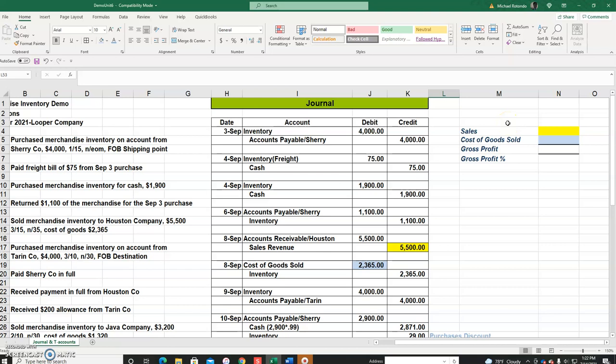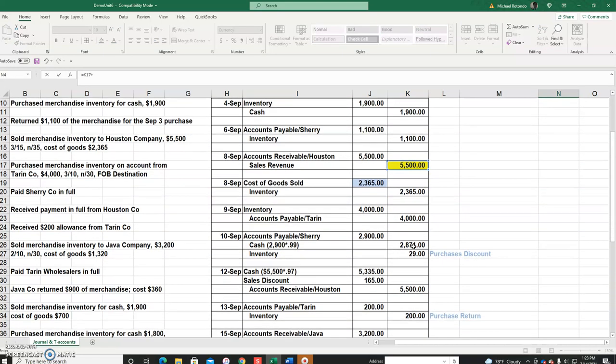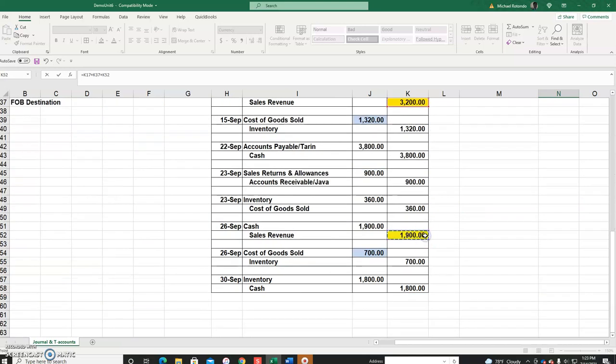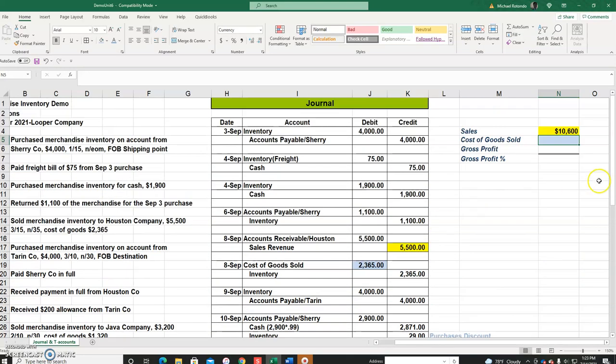That's something we would do on the income statement where we would actually have to worry about what's called net sales, which is sales minus sales discounts minus sales returns and allowances. For right now, we just want to get an idea. So we're going to pick up all of our sales revenue. I think there's only 3 of them. And we're going to do our cost of goods sold.